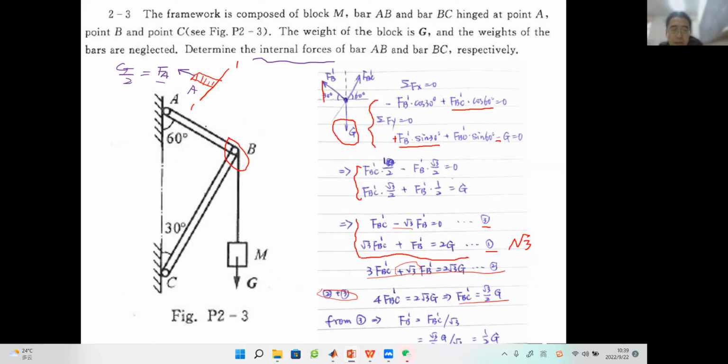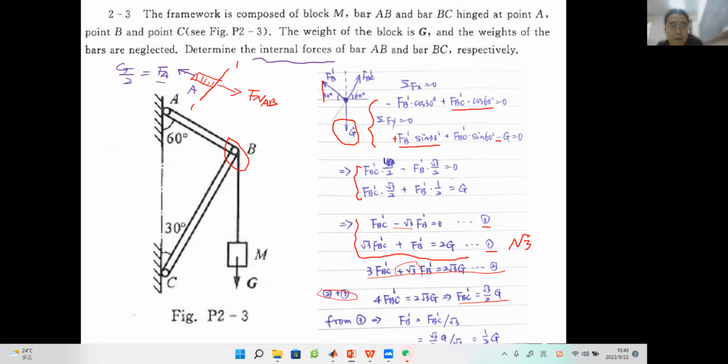But we imagine that we discard the right part, so we should use a force to denote its action on the left part. That is the so-called internal force. Maybe we use F_NAB. This F_NAB is the internal force, because we need this internal force to keep this part of AB also in the state of balance.